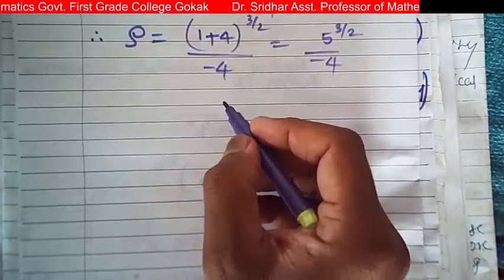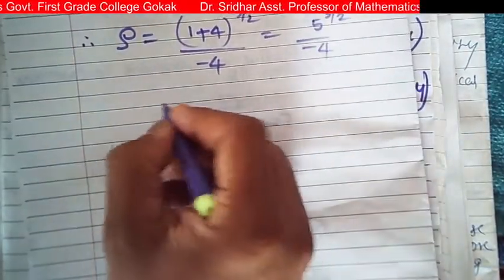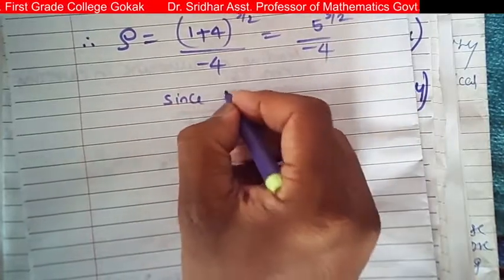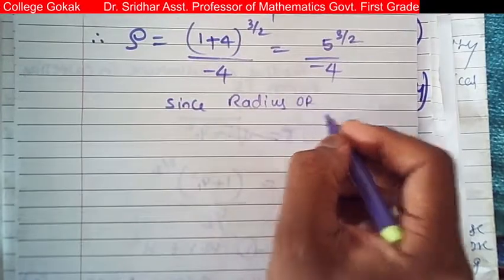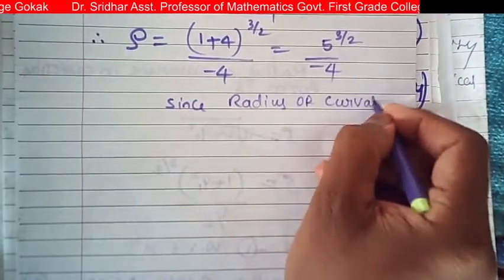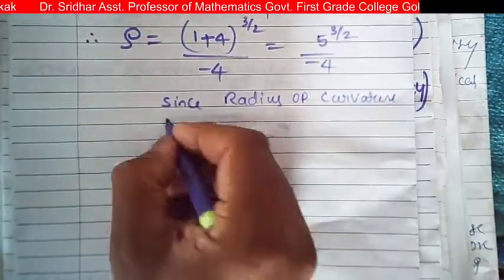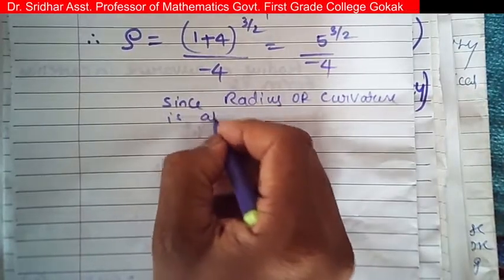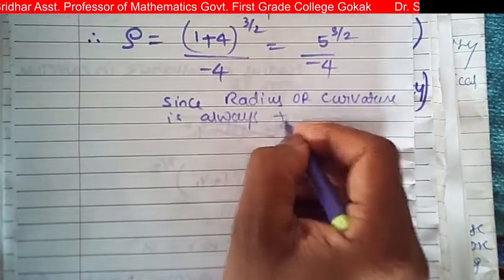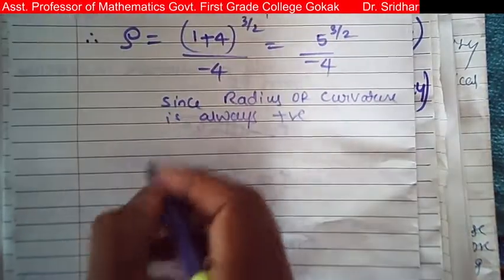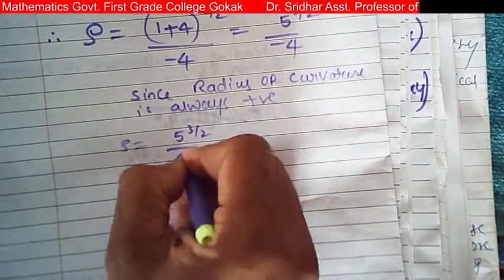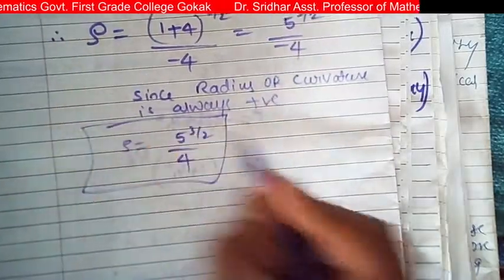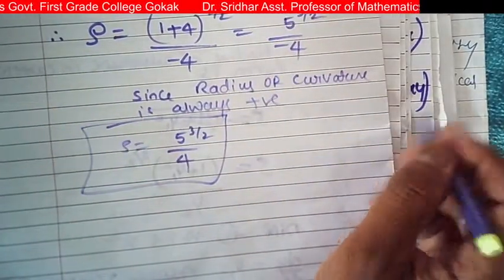Since the radius of curvature is always positive and cannot be negative, rho is equal to 5 raised to 3 by 2 divided by 4. This is the radius of curvature in Cartesian form.